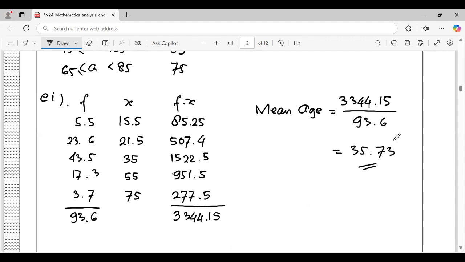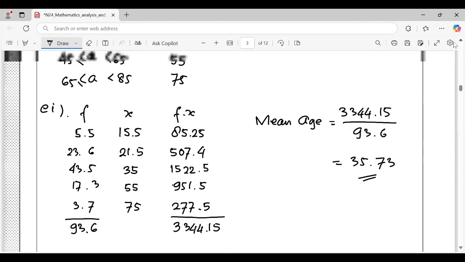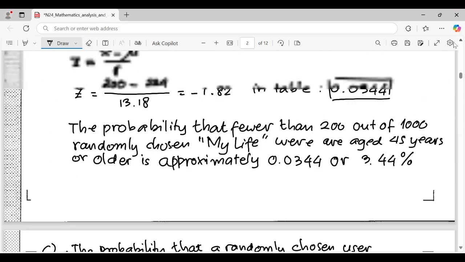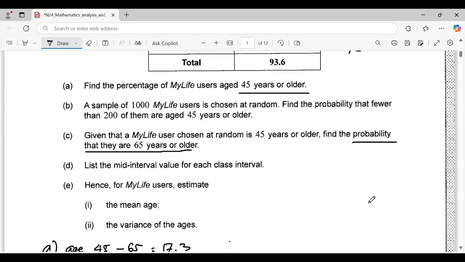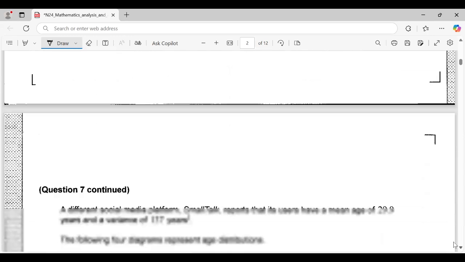This is the mean age. Right. Part 2 is about the variance.